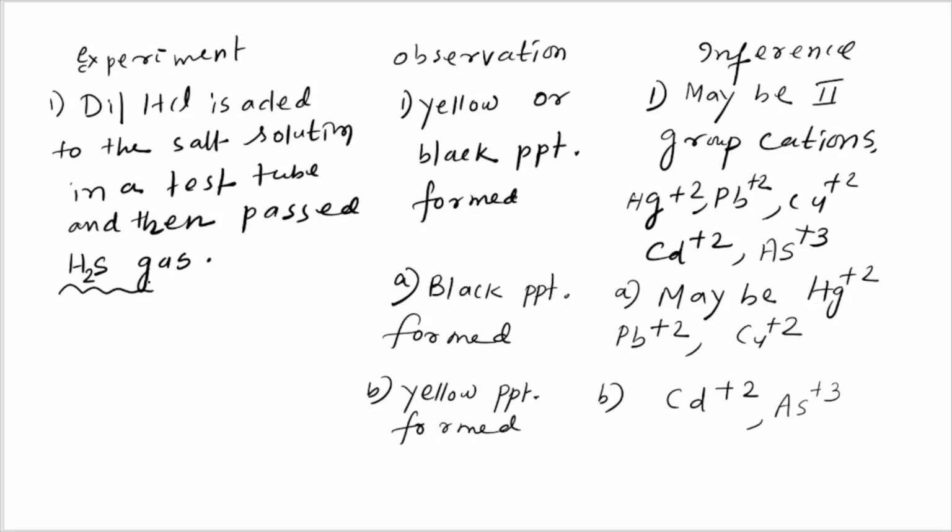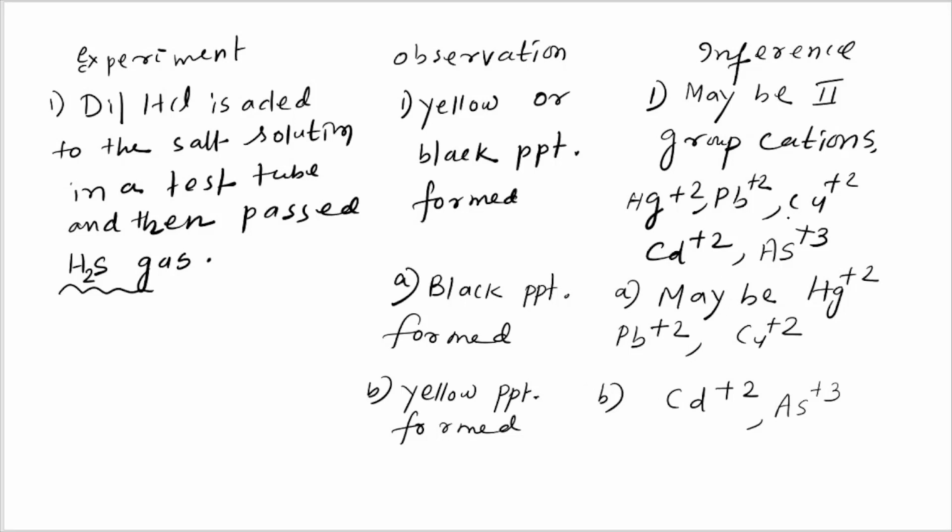What is the main color here? In the second group, yellow or black. Yellow: here mercury gives yellow, and lead sulfide is black, CuS is black, and mainly lead and copper are very important from the examination point of view. From the exam point of view and in the syllabus also, the important ones are lead and copper.